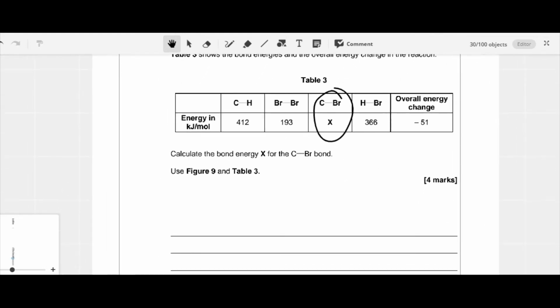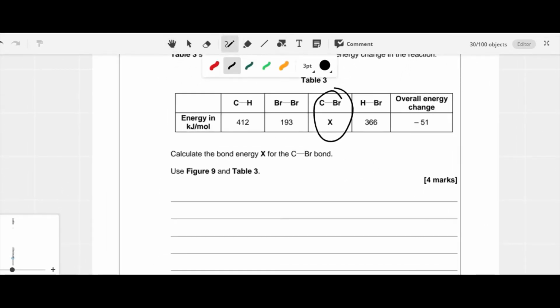First of all, you know that the overall energy change, let's represent it by delta E, is equal to bonds broken minus bonds formed.